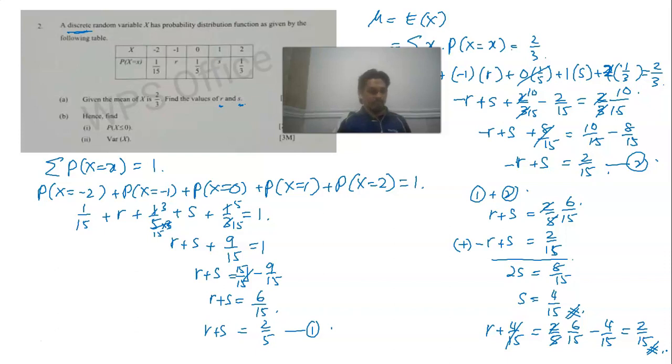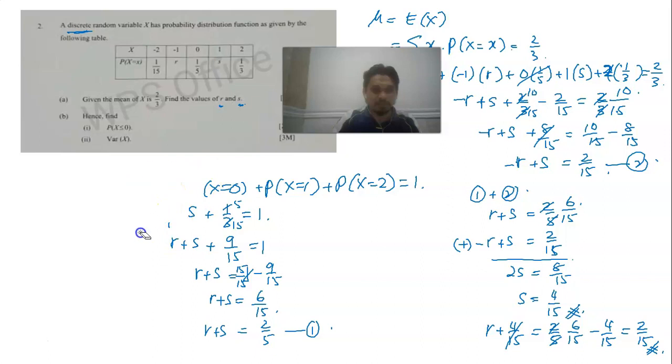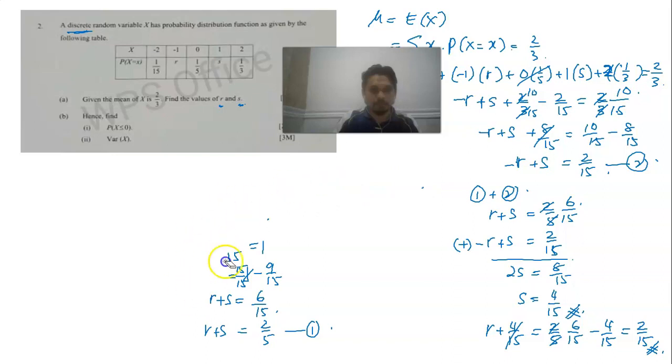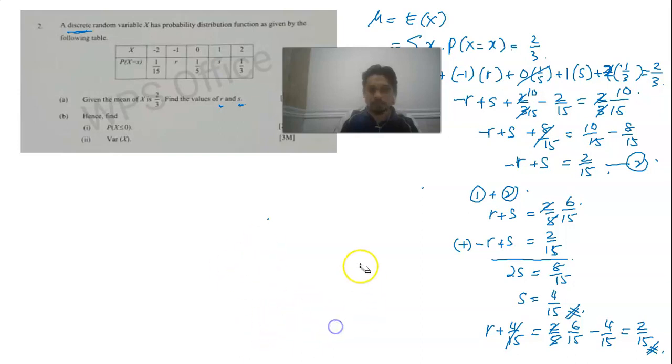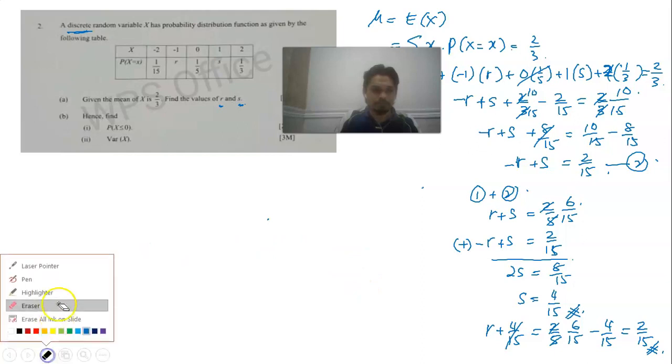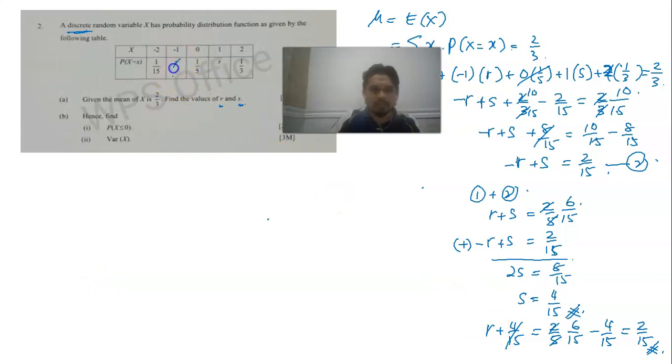So r equal to 2 over 15 and s equal to 4 over 15. We have done this part here.